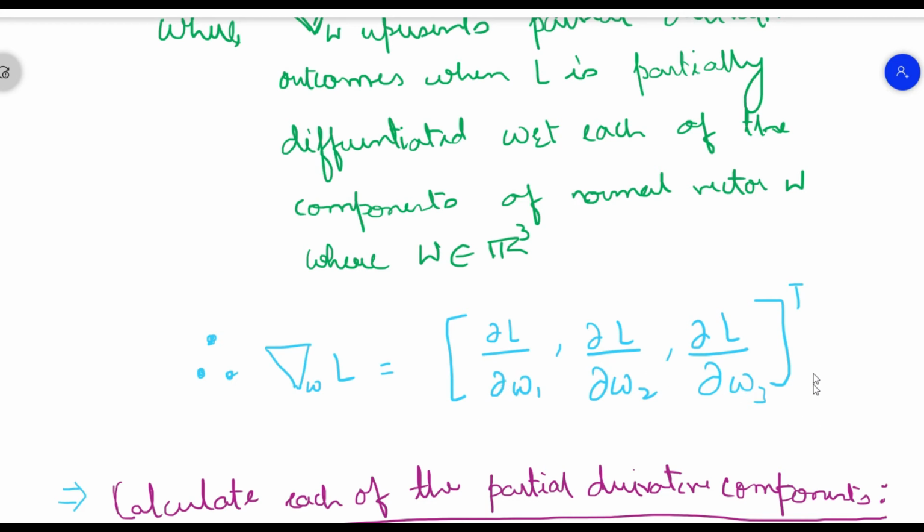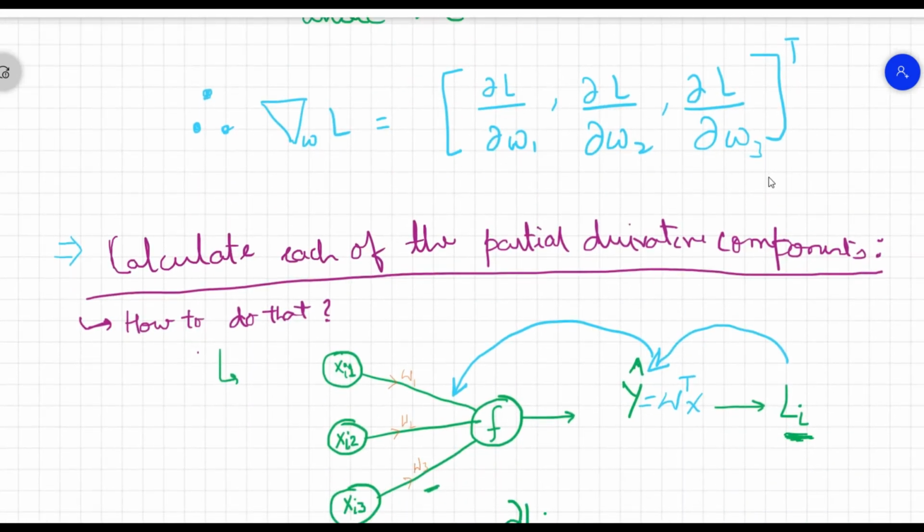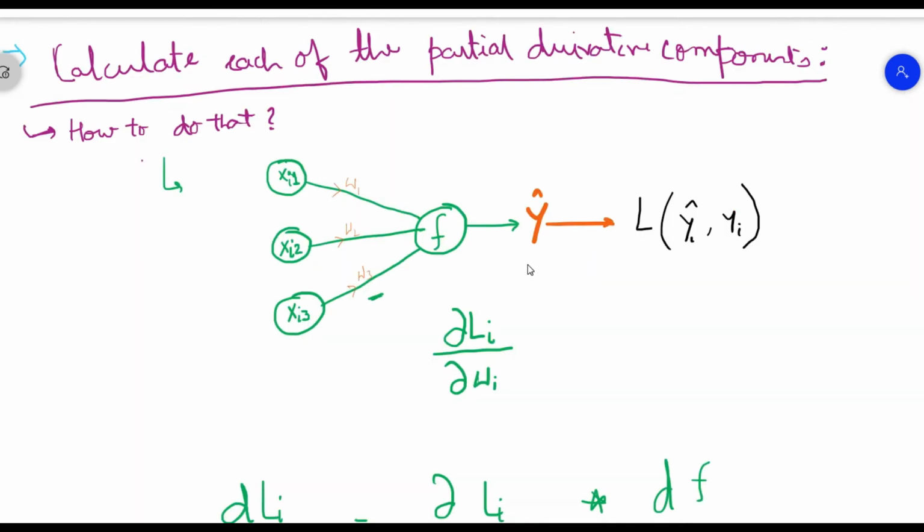Moving on, how do we calculate our delta L, which is the key action in this step? To find this out, let's closely re-look at our single neuron model.